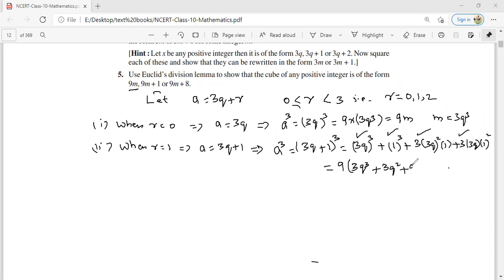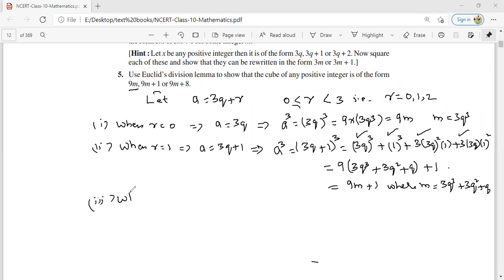Here Q will be left. Understood? Plus 1. And this is M, so we can convert into 9M plus 1, where M equals 3Q cube plus 3Q square plus Q.